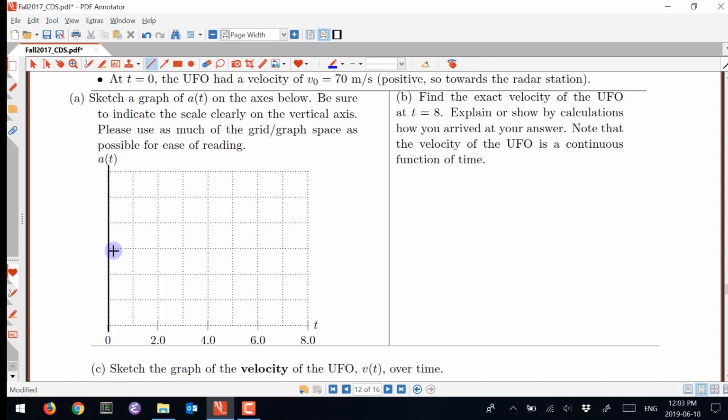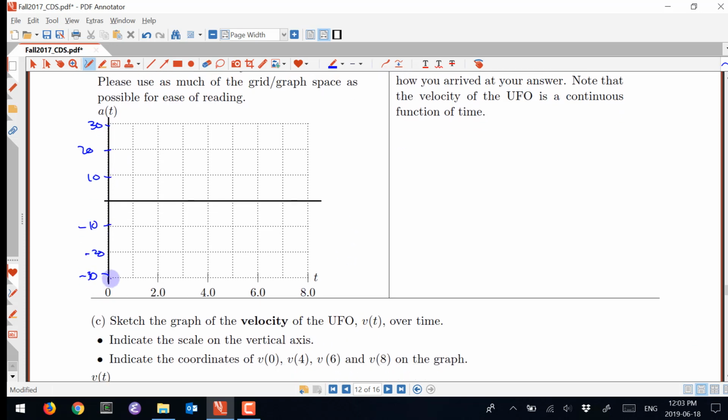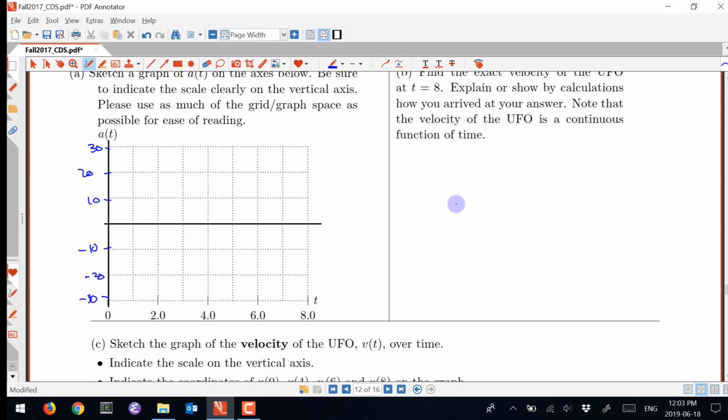Let's put our axis on. We'll split the difference here. And sure, negative 30, negative 20, negative 10, 10, 20, 30. There's other ways to set this up, but we definitely need negative 30 and we definitely need 5 on our axes.